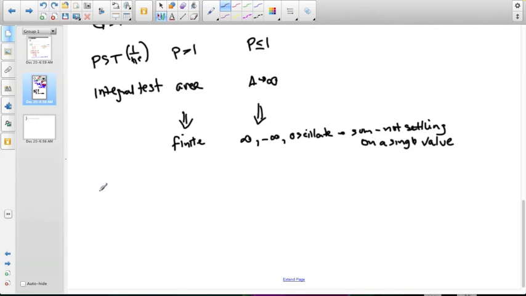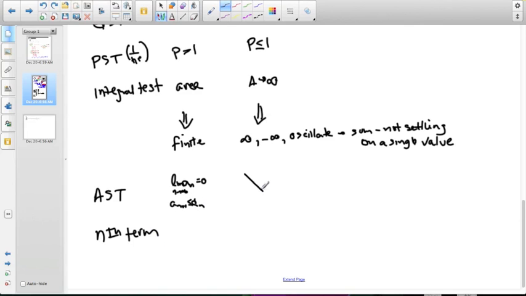So when we get to the alternating series test and talk about the nth term test, notice the alternating series test tests for convergence only. We have the limit of a sub n as n goes to infinity equaling 0, and then a sub n plus 1 less than or equal to a sub n.